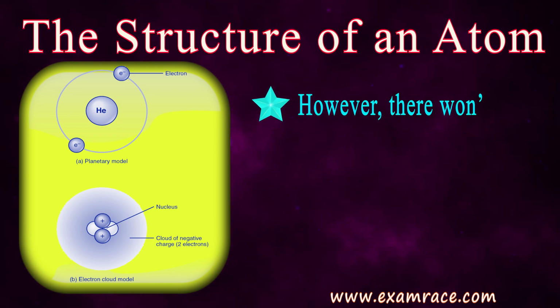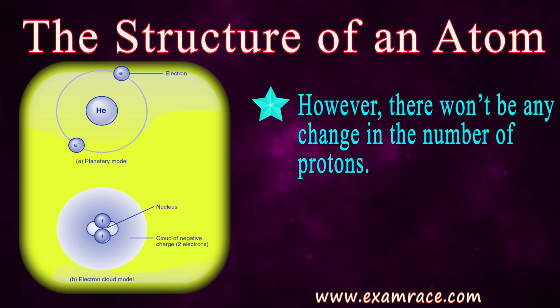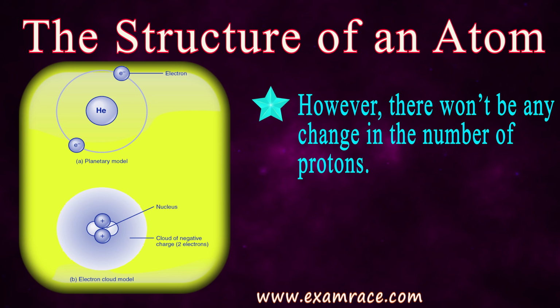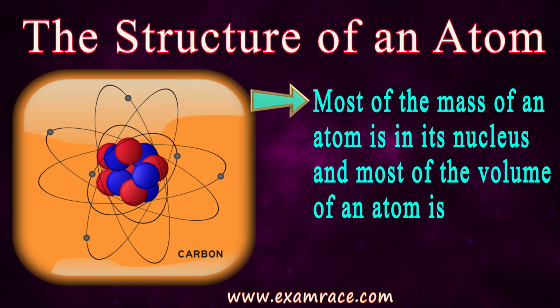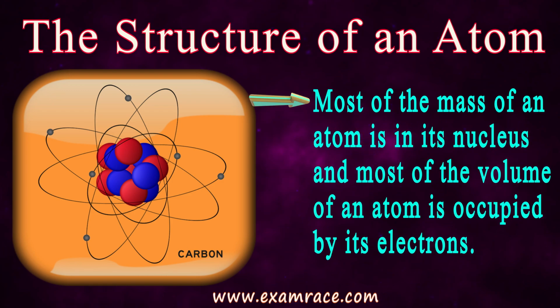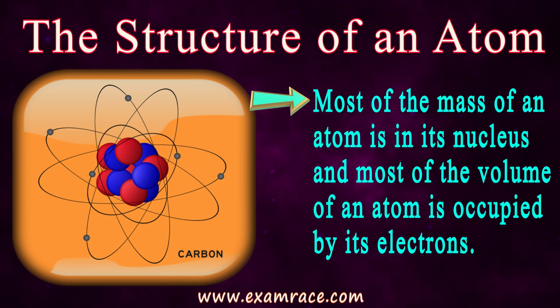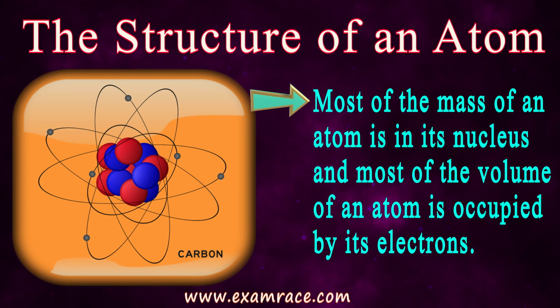One thing to keep in mind is that the number of protons never changes. There is always variation in electrons and neutrons. Now let us talk about the mass of an atom. The mass of an atom is in its nucleus.